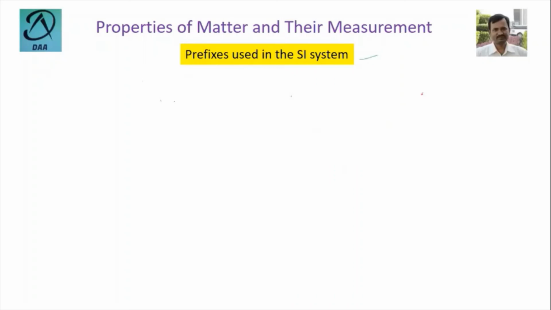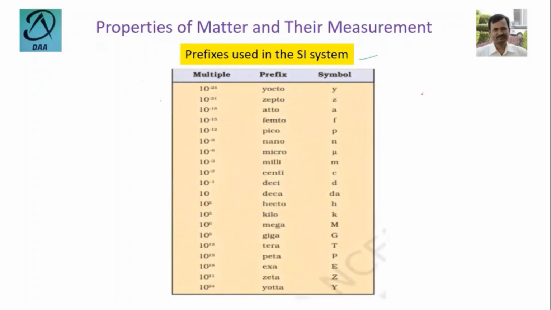This is one table, just to remember some points. 10 to the power minus 24 is symbolized by small y, and similarly 10 to the minus 21, 10 to the minus 18 is atto, which is symbolized by small a. 10 to the power minus 15 is femto, 10 to the minus 12 is pico, 10 to the power minus 9 is nano, 10 to the minus 6 is micro, 10 to the minus 3 is milli, 10 to the power minus 2 is centi, 10 to the minus 1 is deci.